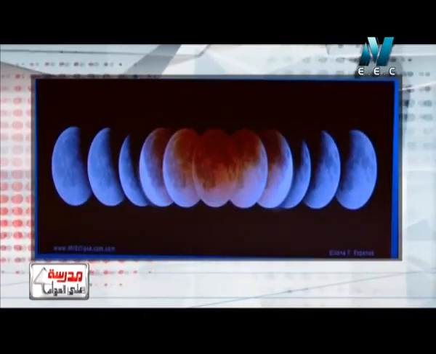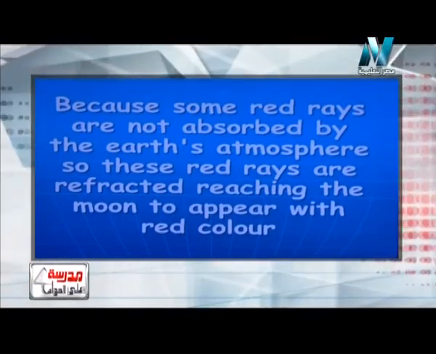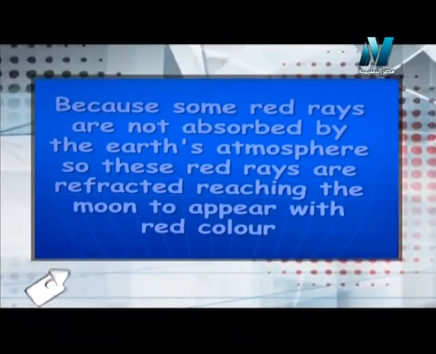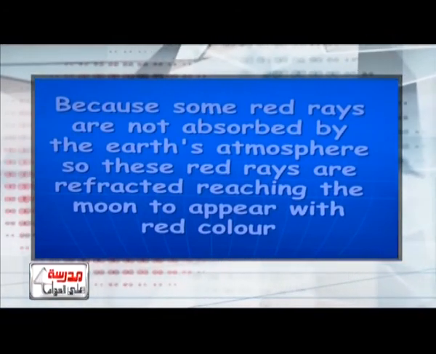So this is a very important give reason question: because some red rays are not absorbed by the Earth's atmosphere, these rays are refracted reaching the moon to appear with red color.